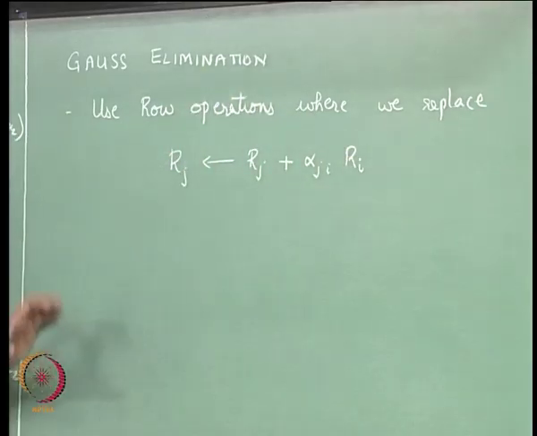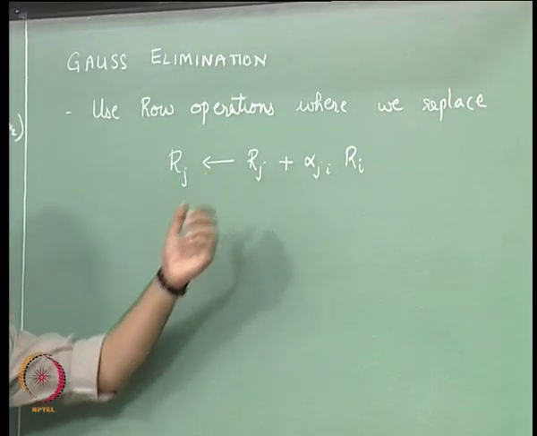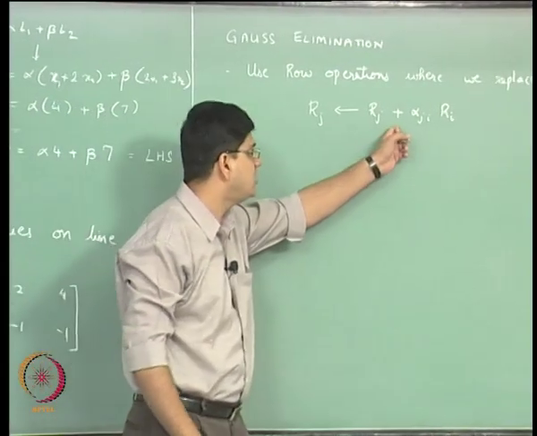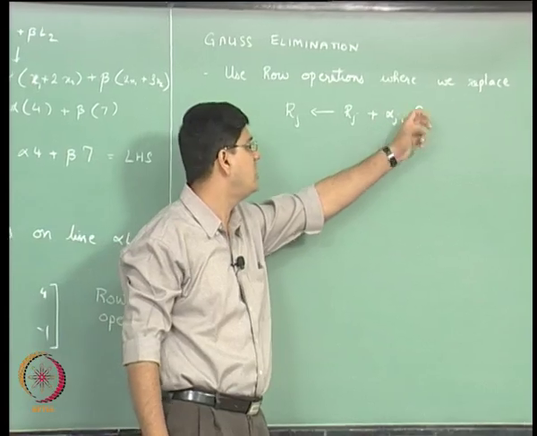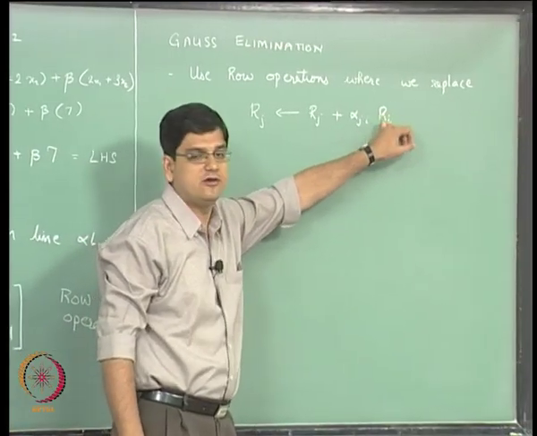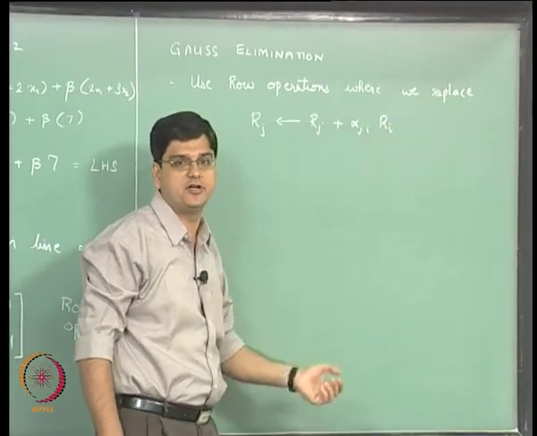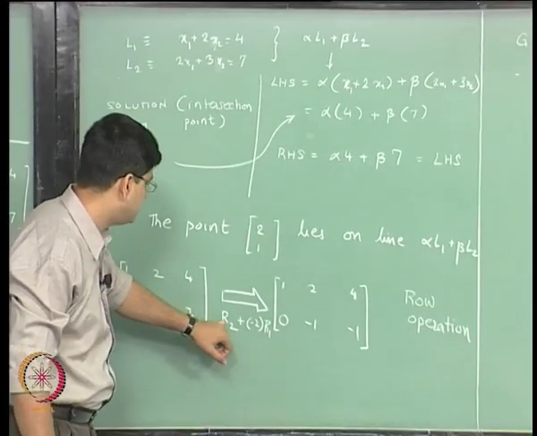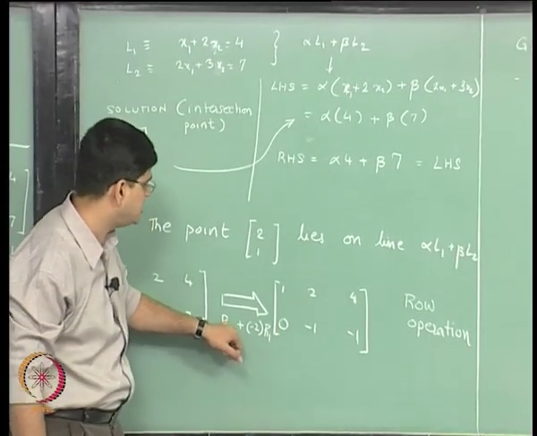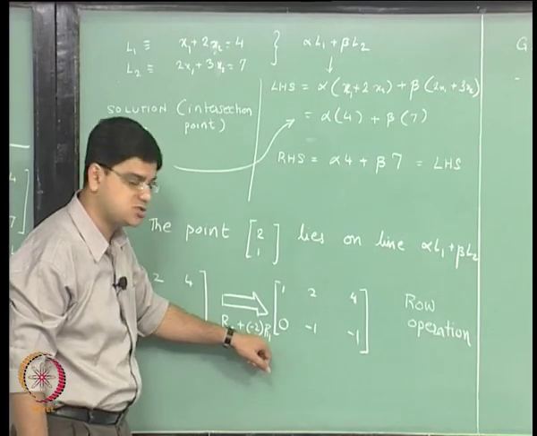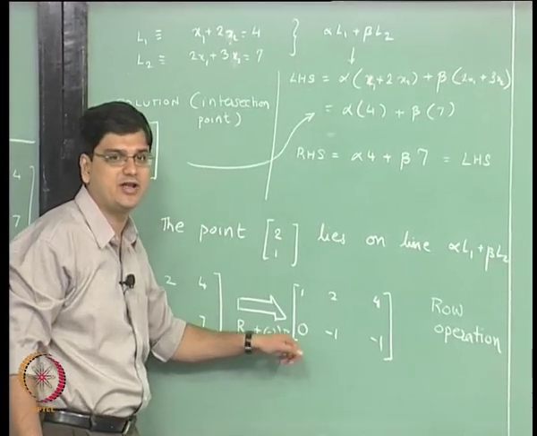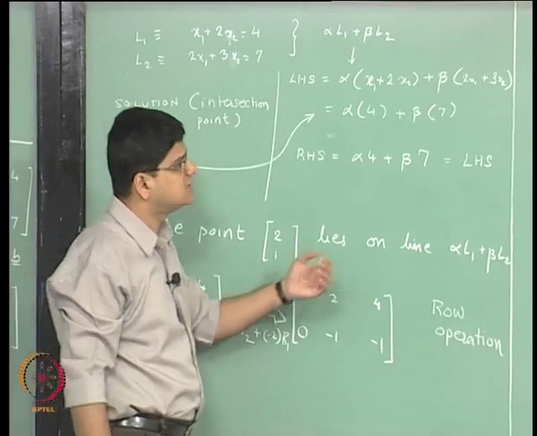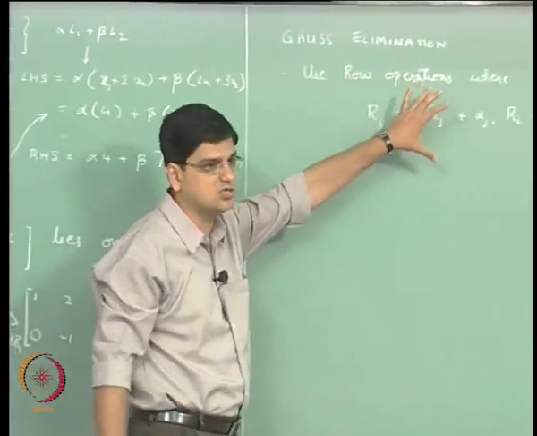In general, what we are going to do is we will take the jth row, in this particular case the second row, and add to it some coefficient alpha multiplied by the ith row. Ith row in this particular case was first row. So, specifically what we did over here is we did R2 where j is equal to 2 plus minus 2 multiplied by R1 where i equals 1. Okay. So, this is what we will do as a row operation in Gauss elimination step.